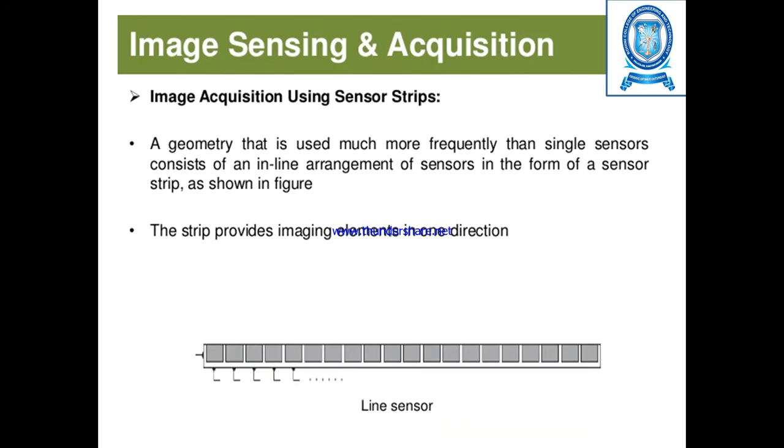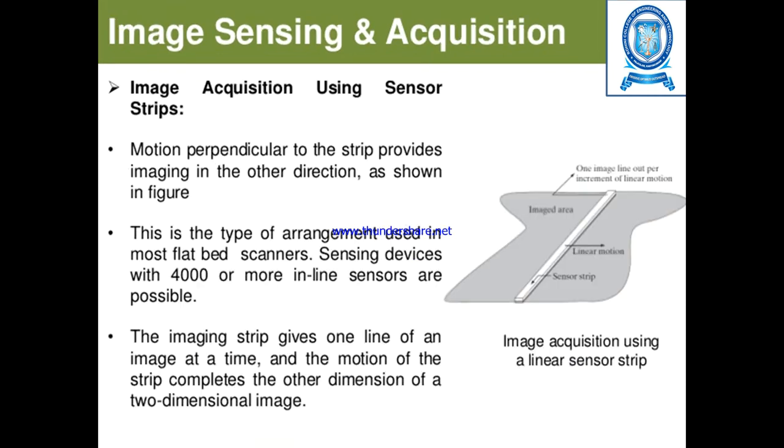Next is image acquisition using sensor strips. We place single sensors in a line arrangement. As you can see in the PPT, a number of single sensors are connected in the form of a line, and these act as imaging elements along a single direction.